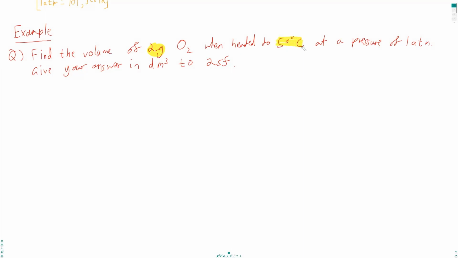So we have our information. Give your answer in dm cubed. This is also important, not meters cubed. It's dm cubed, and we need to give it to 2 s.f.